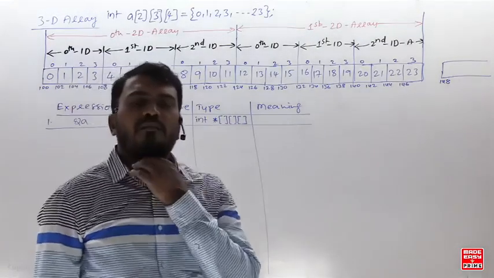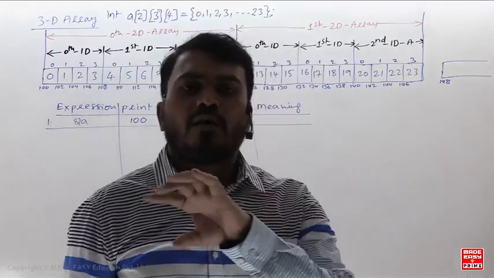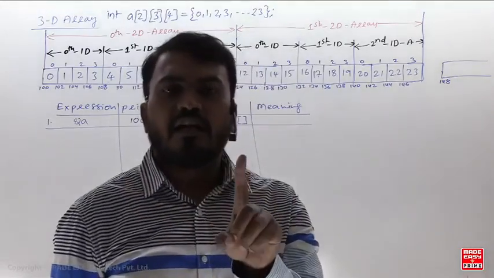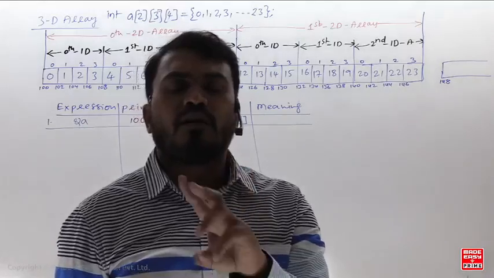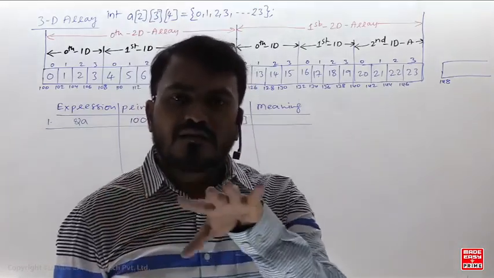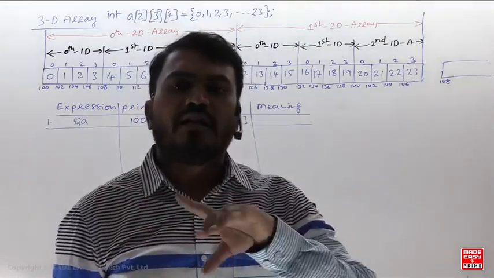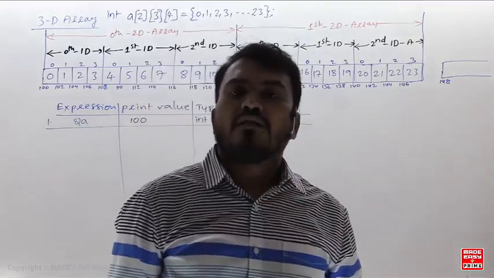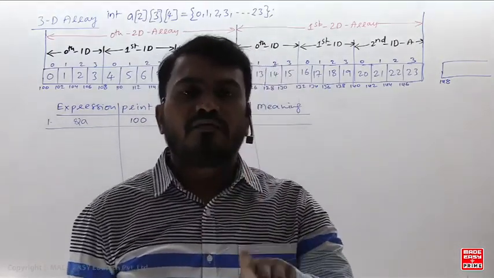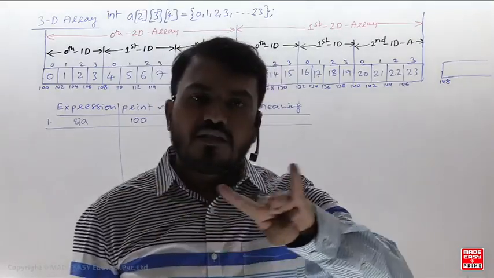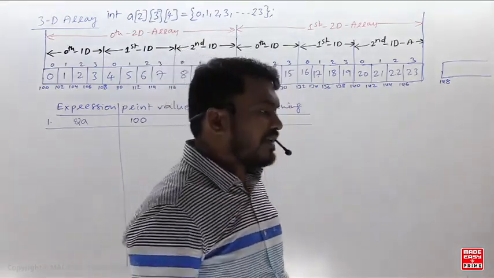Whatever I am asking, write all the things in a single line: print value, type, meaning. Whatever the expression I am asking, write all the 3 in a single line comment in the chat box. Don't give the print value first, then the expression, then the meaning separately, because so many comments will come. I told you in yesterday's class also.